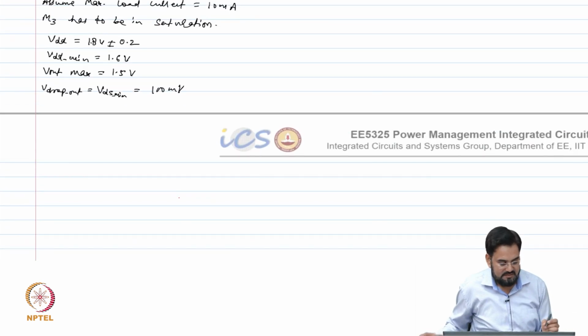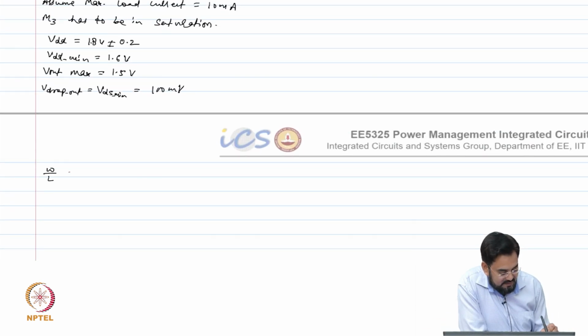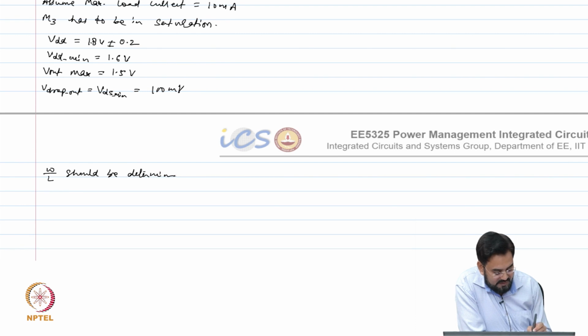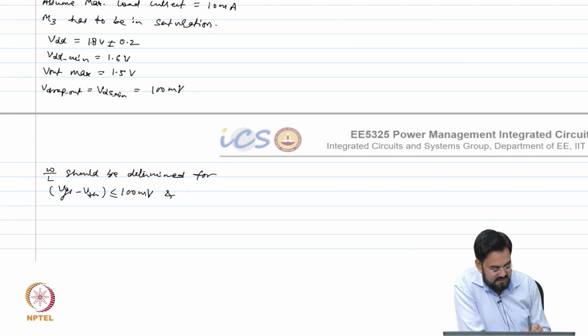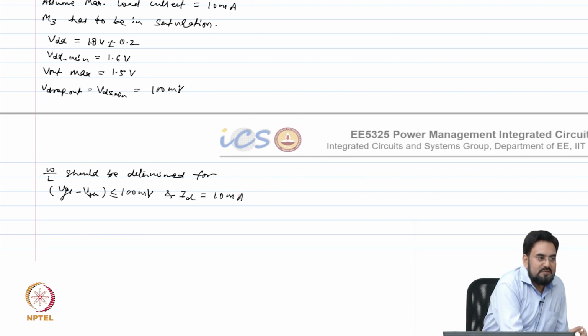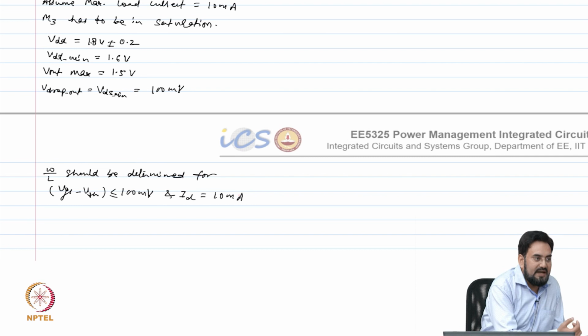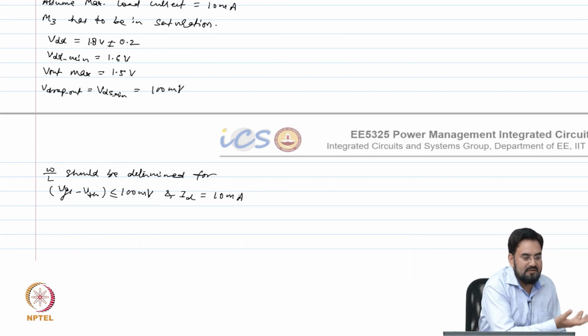Which means W by L should be determined for VGS minus VTH less than equal to 100 millivolt and ID equal to 10 milliamp. So you know mu Cox already, ID is known, W by L can be calculated from there.